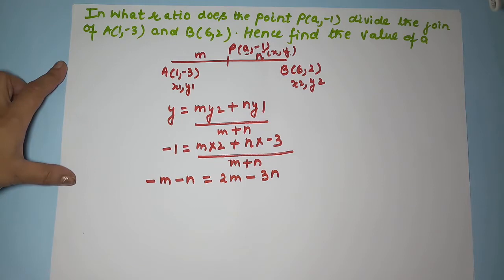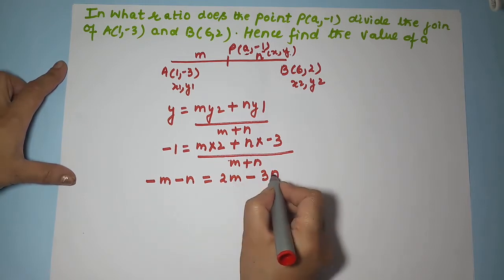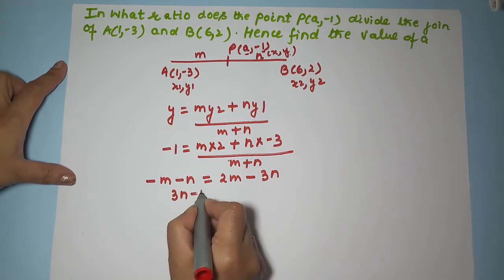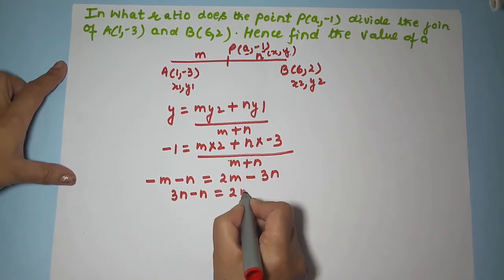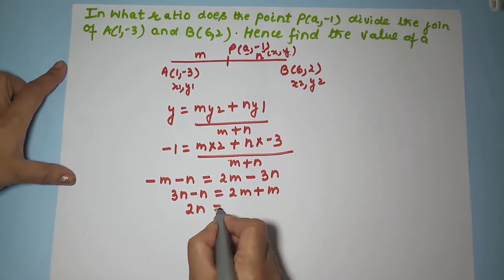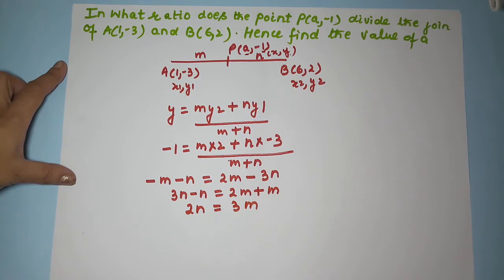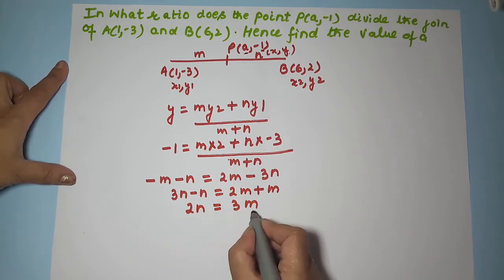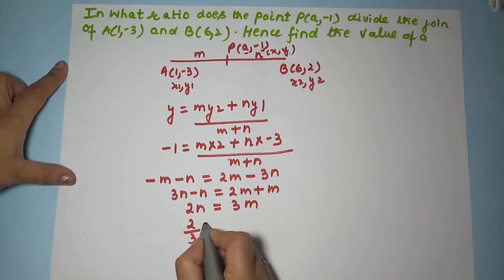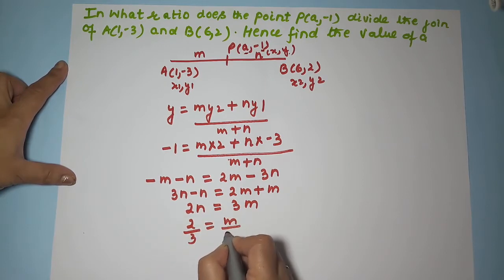Now, if I shift this 3n to this side and this n to this side, what will I get? 3n minus n equal to 2m plus m. This becomes 2n equal to 3m. Now, if I shift this n under this m, this 3 will come here. So, I will get 2 by 3 equal to m by n.